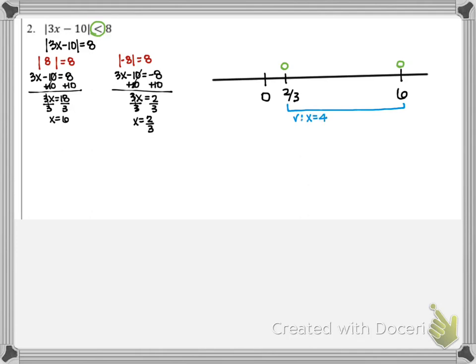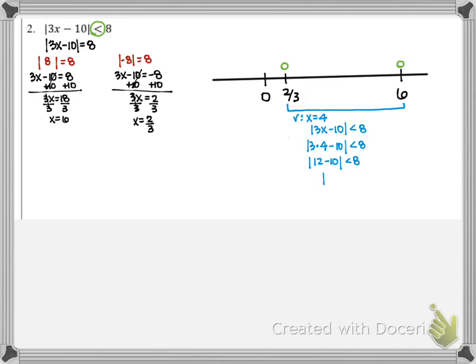All right, go back up to the original inequality. So, the absolute value of 3x minus 10 is less than 8. All right, let's plug in our 4. And again, you can plug in anything you want in between those two.